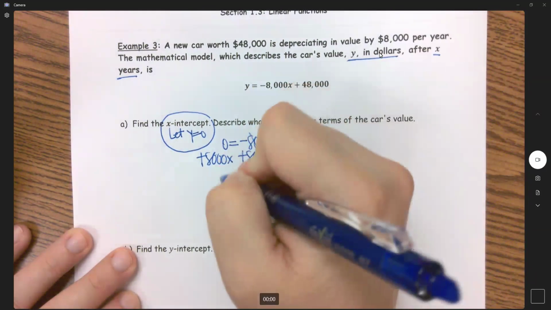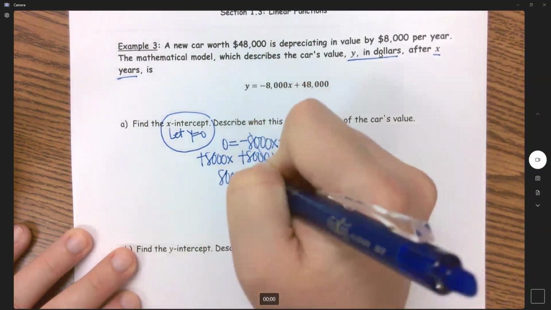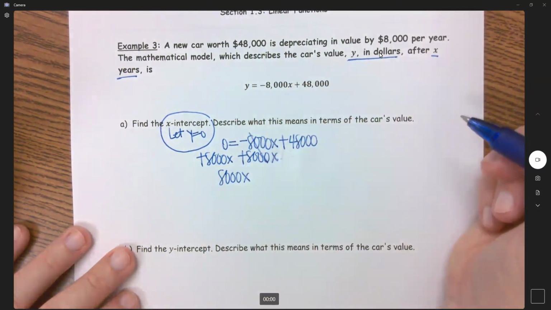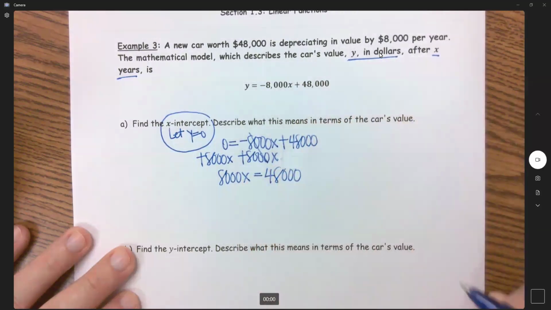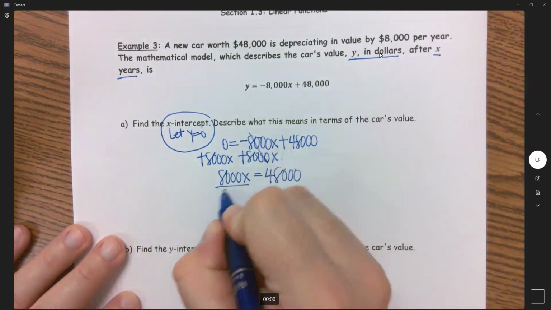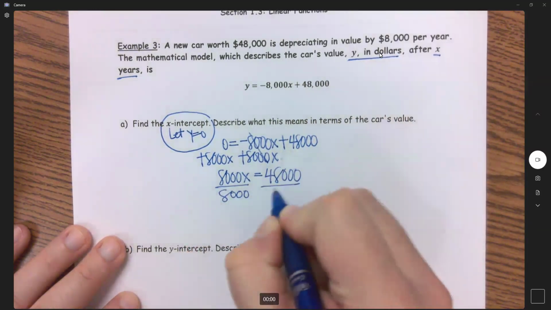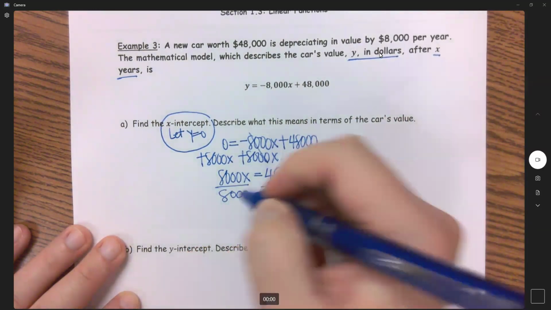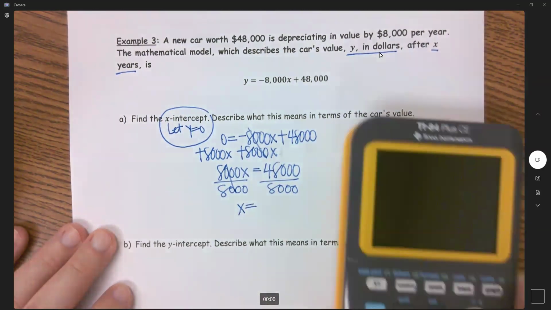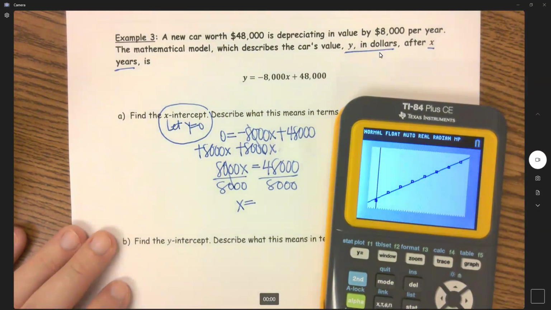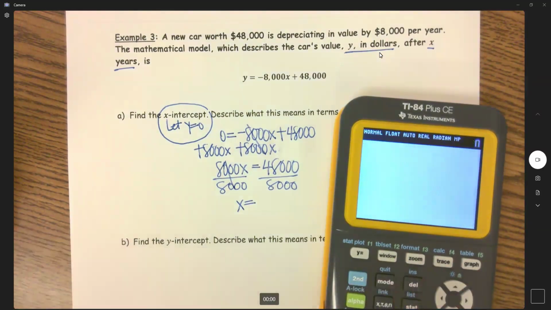So that will cancel. I'm going to be left with positive 8,000x equals 48,000. And now divide by 8,000. And I will get x equals this.